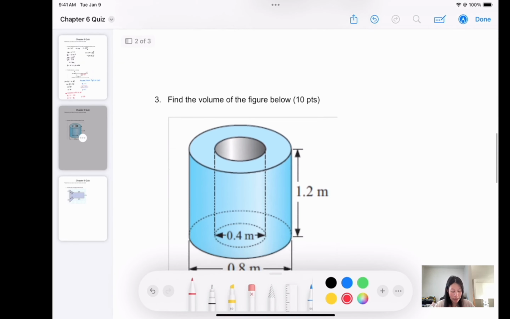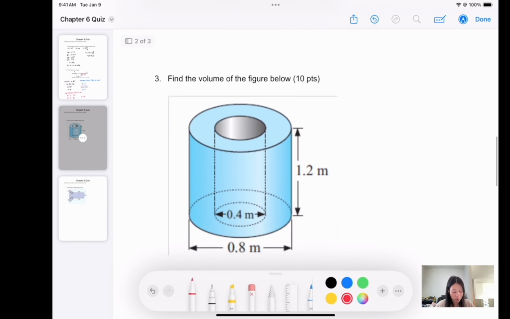Number 3 is a volume problem. So this is a cylinder, and in order to find the volume of the shaded area, what we need to do is use the big cylinder volume, subtract the volume of the small cylinder, then we will get the shaded part.